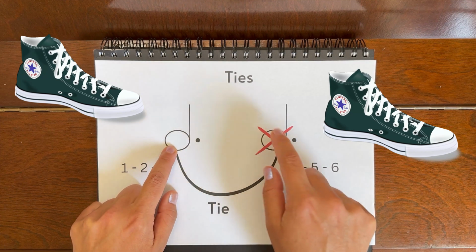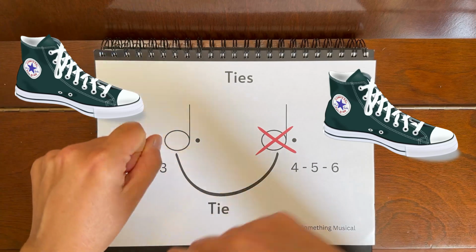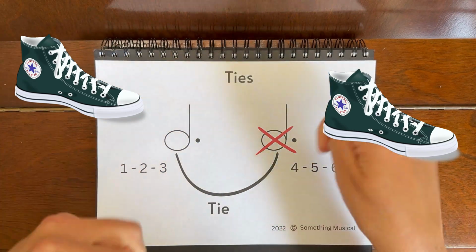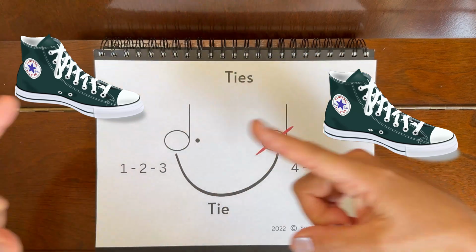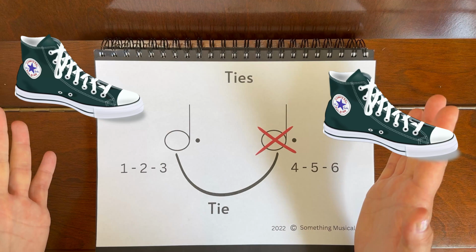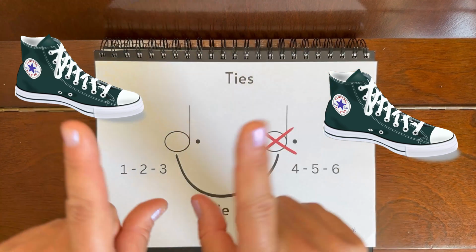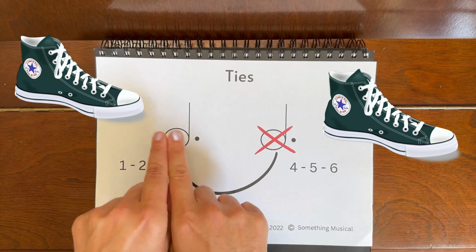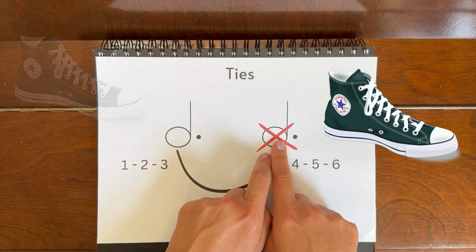But it has to be the same shoe, because what happens if you tie laces from one shoe to another shoe and then you try to walk? You can't walk, right? Because the laces are from two different shoes, so more than likely you're going to fall over. So these two laces have to be from the same shoe, the same key. Do you understand? So the same cat or the same dog.